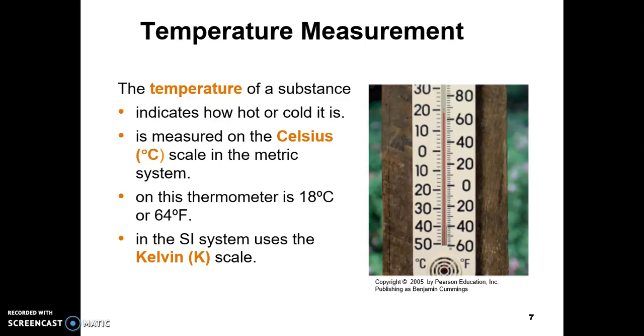The unit on the thermometer in our labs will be in Celsius, but on any weather channel they will tell you the temperature in Fahrenheit. So how do we comprehend it? We'll be using a conversion method to convert between Fahrenheit and Celsius. And in the SI system, it's in Kelvin.